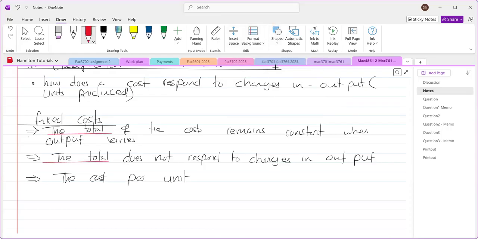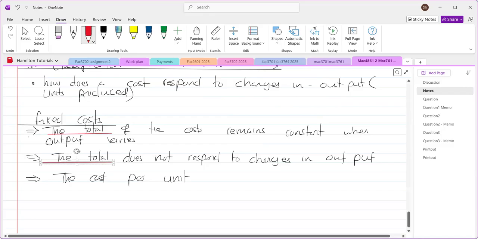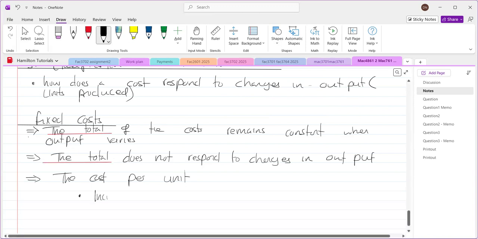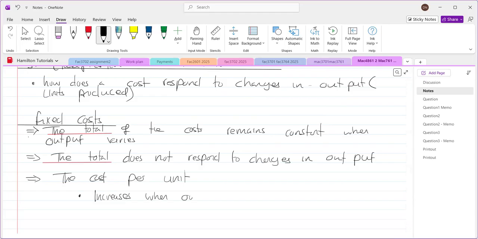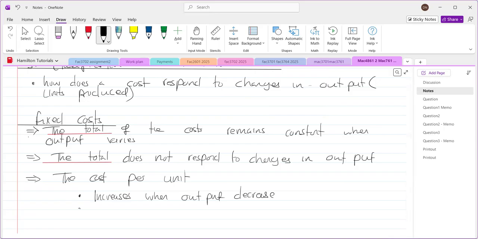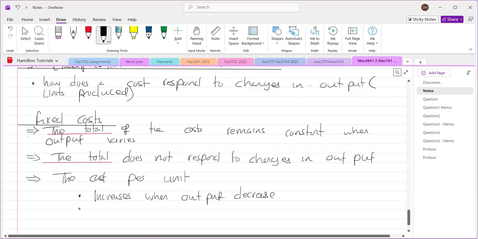However, the cost per unit does change. The cost per unit increases when output decreases, and it decreases when output increases.